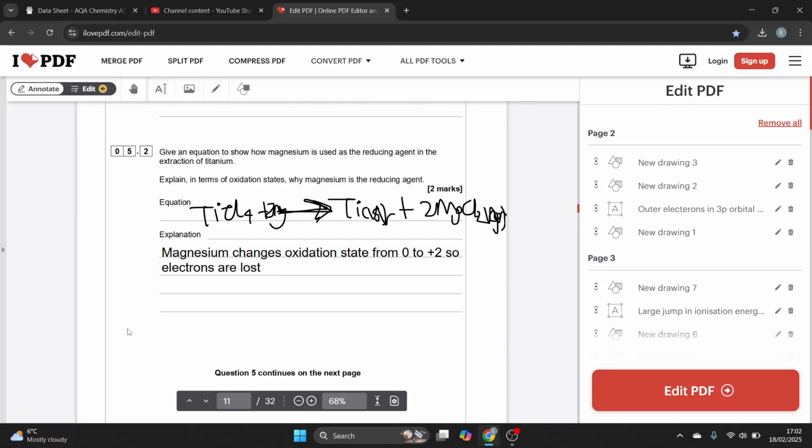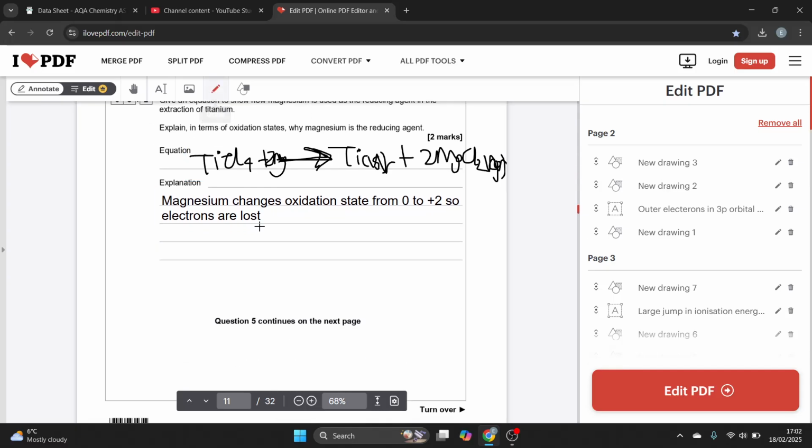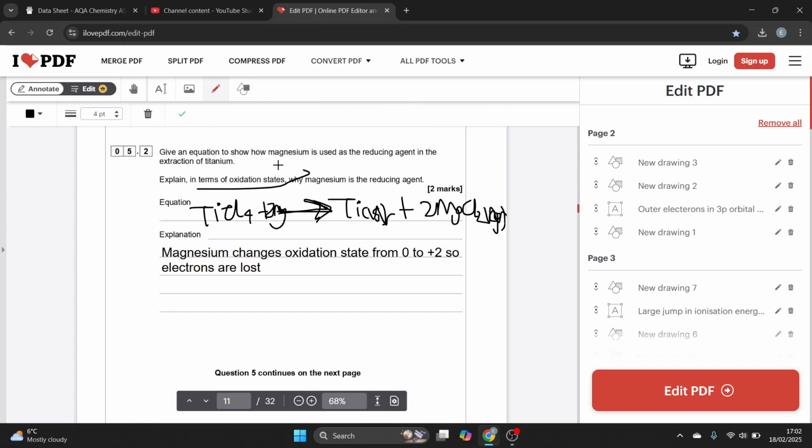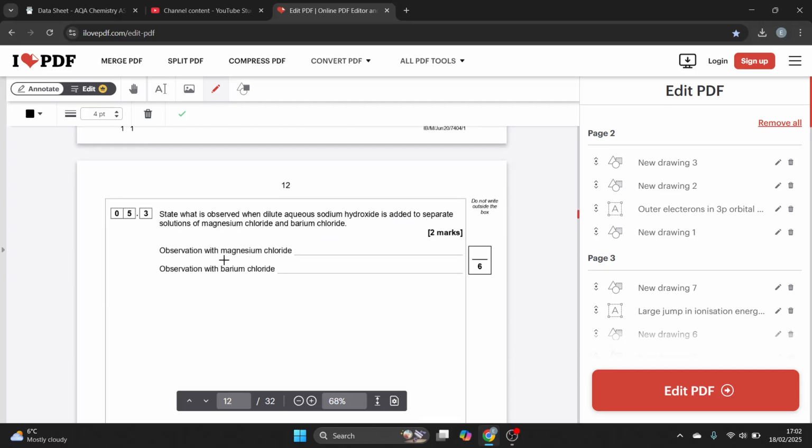It's only going to be a 1 mark explanation. Or I could say titanium changed oxidation state from +4 to 0. It doesn't really matter, but just talk about the oxidation states and how they change, and you should get the mark. 2Mg plus TiCl4 to form Ti plus 2MgCl2. Magnesium changes oxidation state from 0 to +2, so electrons are lost, and that part is really important.